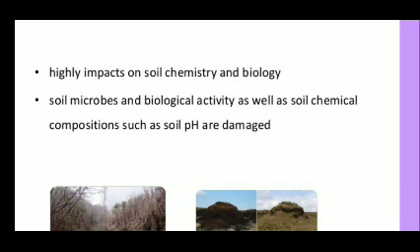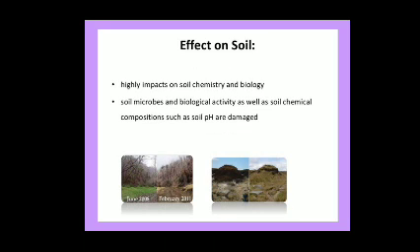The soil fertility decreases due to acid rain. It has a high impact on soil chemistry and biological processes. Soil microbes and biological activity, as well as soil chemical composition such as soil pH, are damaged.